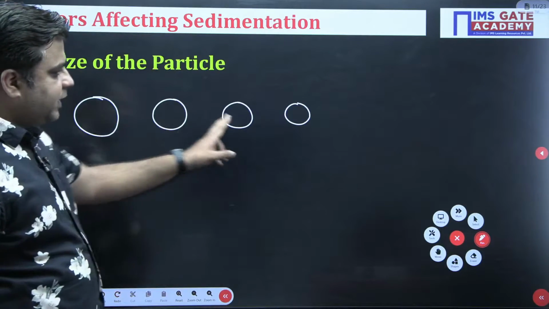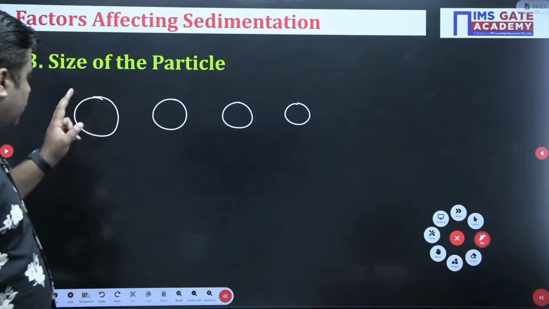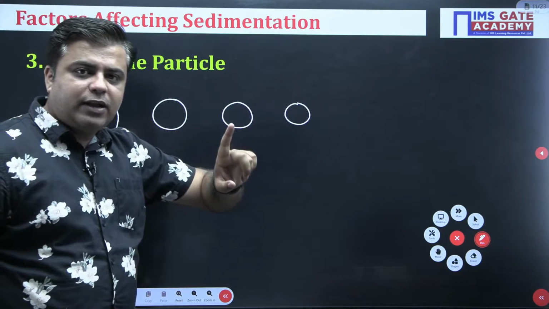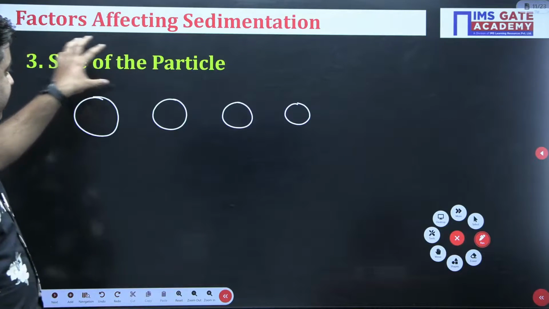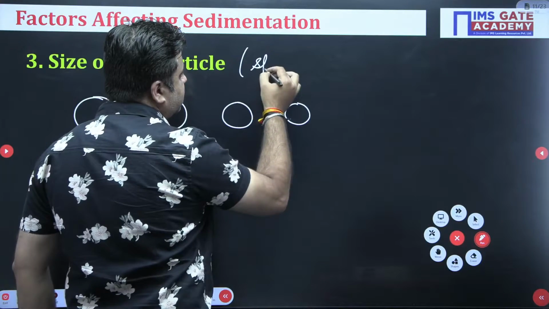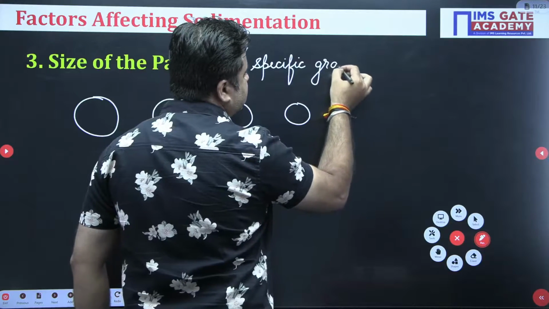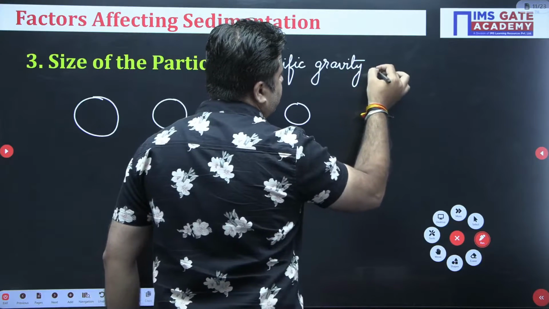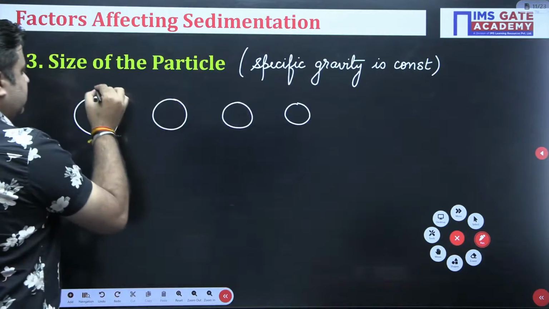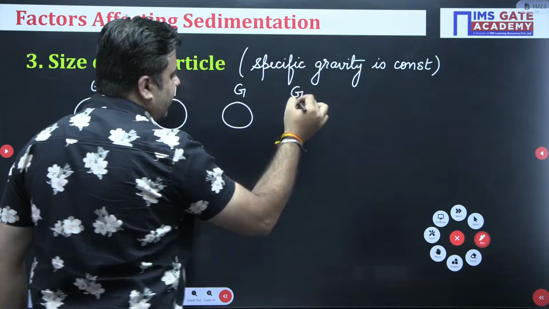If all these materials are the same, it means all will have one value of G. Means for comparing the size of the particle, first you need to make sure that specific gravity is constant. All these solids have the same value of G.